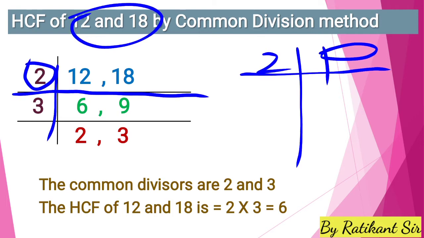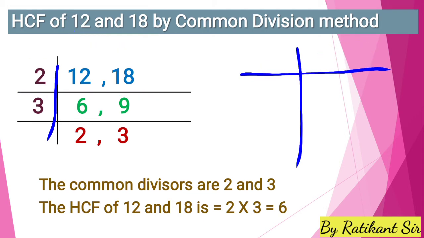Because 12 and 18 are both divisible by 2. So that is why we take 2 here. In this example, I have written 12 here and 18 here, and both are divisible by 2.